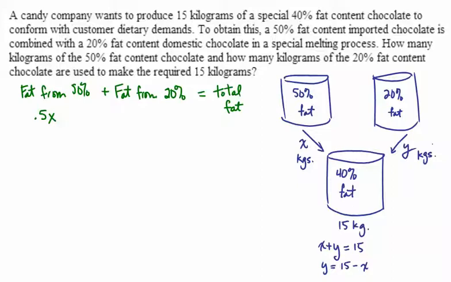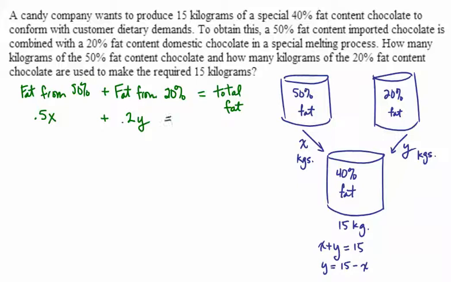So if we take X kilograms from the first vat and half of it is fat, then half of X will give us the number of kilograms of fat from the first vat. The second one, well, if there is 20% fat content in the second one and we have Y kilograms of chocolate, then 20% of those kilograms is going to be fat content.